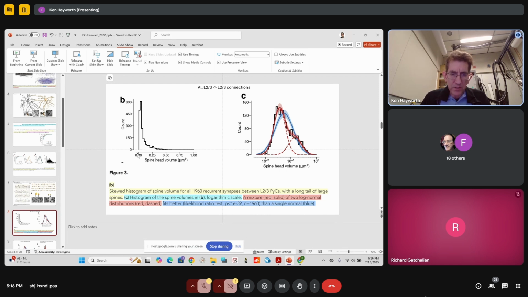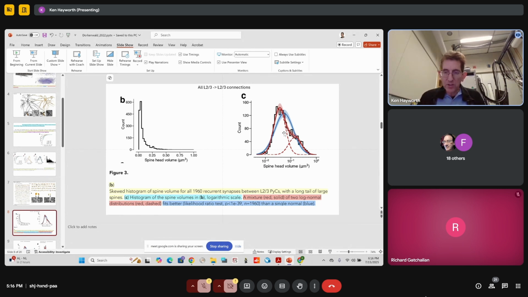This is what it looks like if it's plotted in linear on the x-axis, so the spine head volume is linear. But it is well known in the literature that spine head volumes follow a roughly log normal distribution.